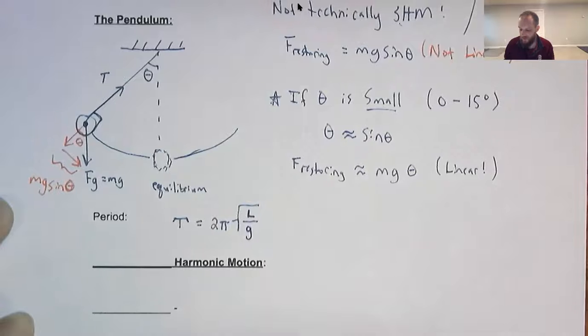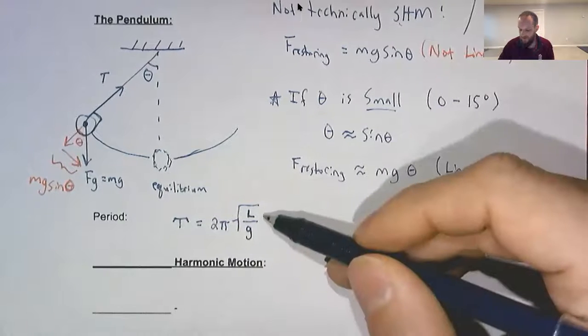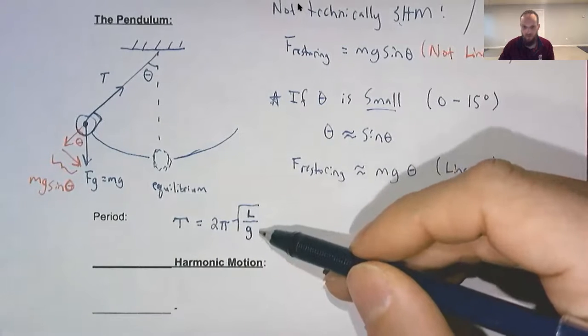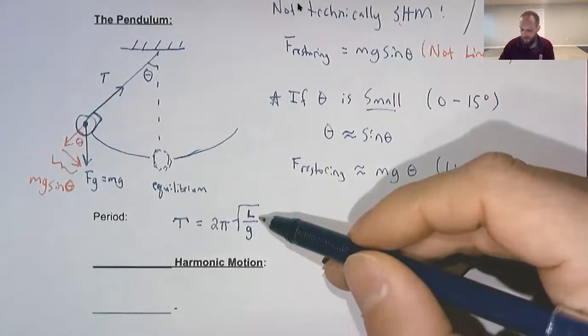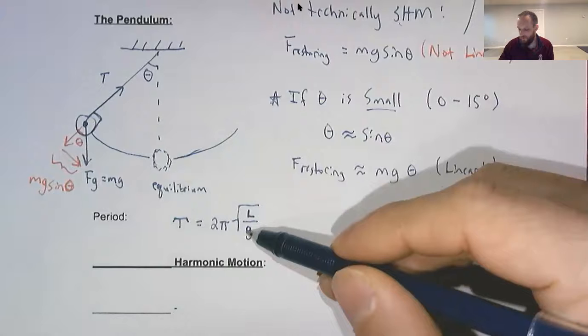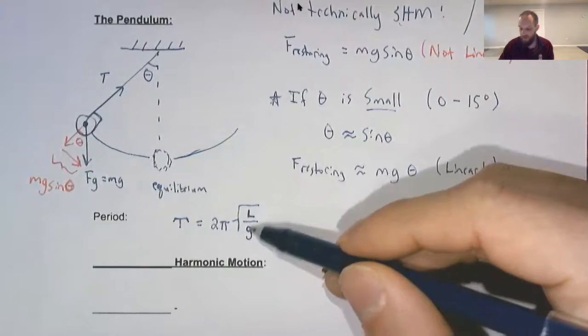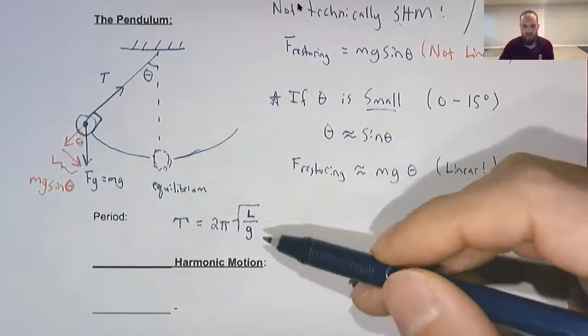So just like the spring mass system, where we've got mass, which is a measure of inertia, and in the denominator we've got k, which is part of my restoring force, I have some inertia in the numerator and a restoring force in the denominator. So the restoring force is gravity, and the inertia, well, think about it. Restoring force is gravity, which depends on mass, and the inertia depends on mass. That's why it cancels out.